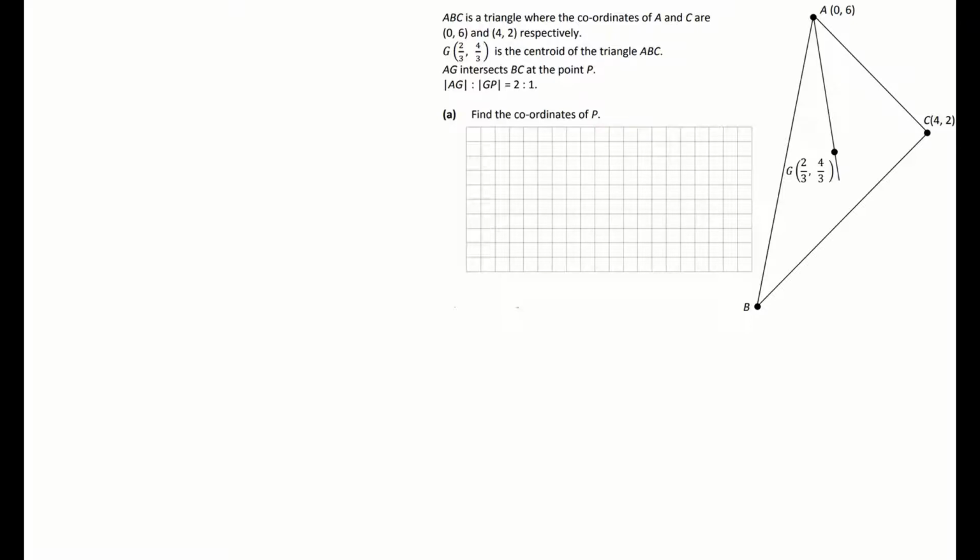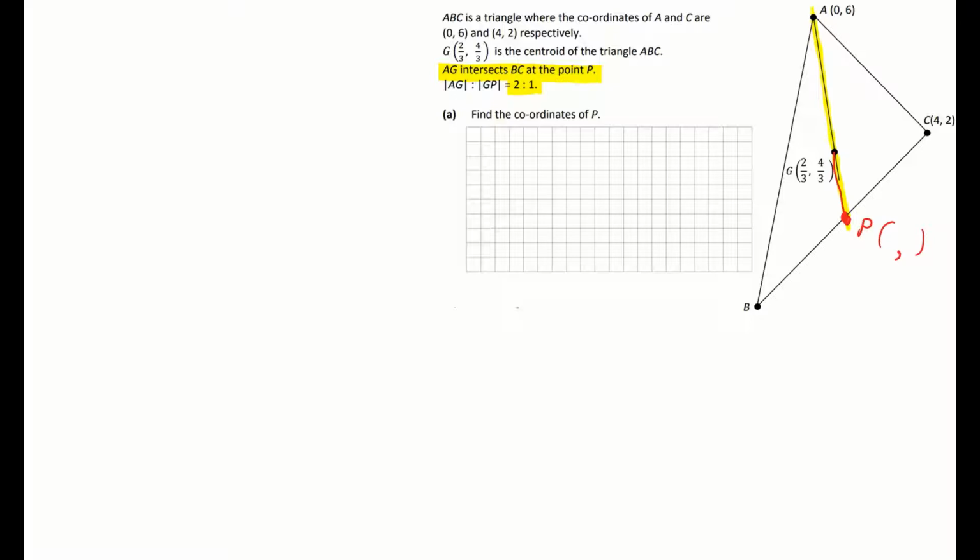AG intersects BC at the point P in the ratio 2 is to 1. So let's focus in on that. There's a line coming from A to G and then intersecting BC. I'm going to extend that line from G down to BC and call that point P. That is the coordinate they want us to find.